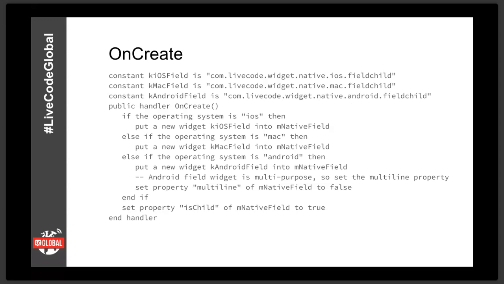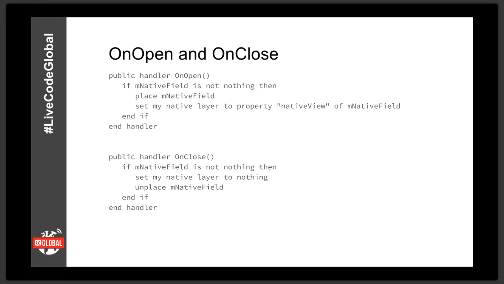And then make sure we set the new isChild property of whichever one it is to true. So because the isChild property is true of the mNativeField, we can get its native view property, which is a pointer to the native layer, and set the native layer.